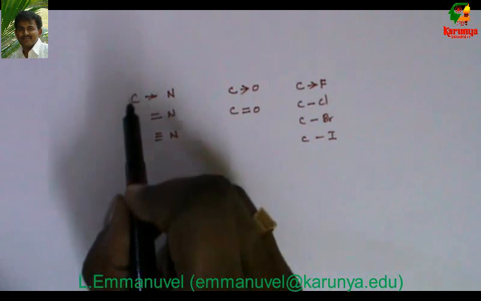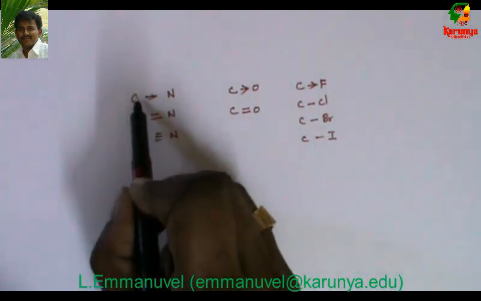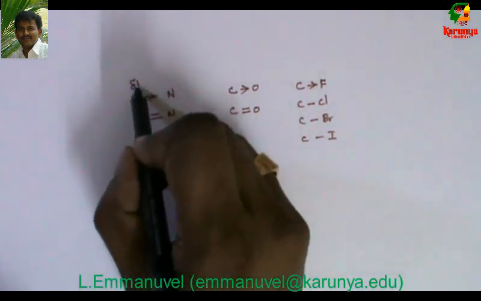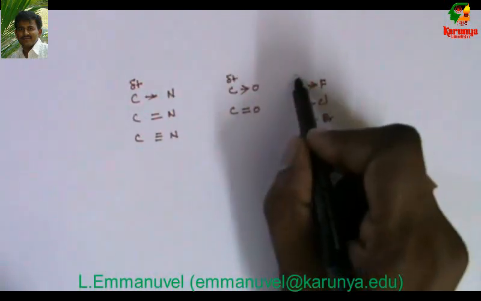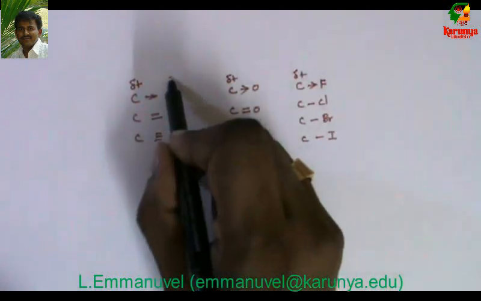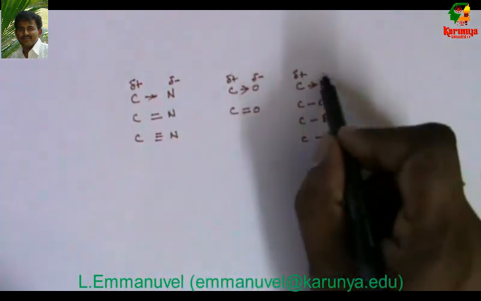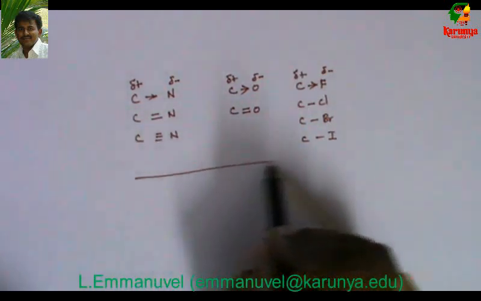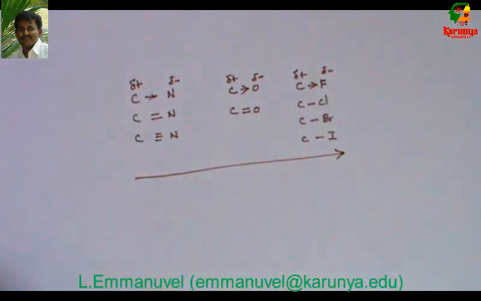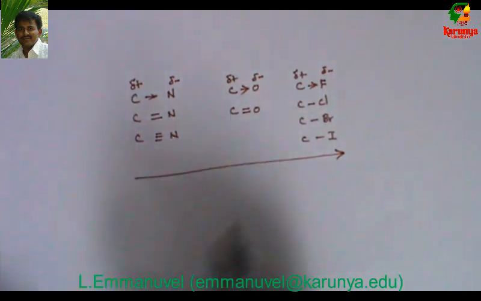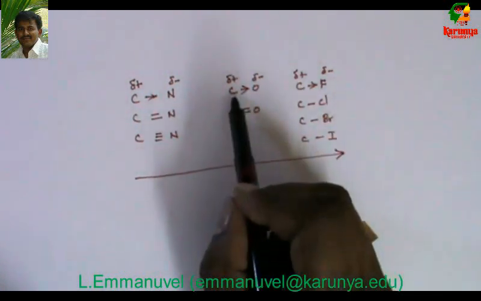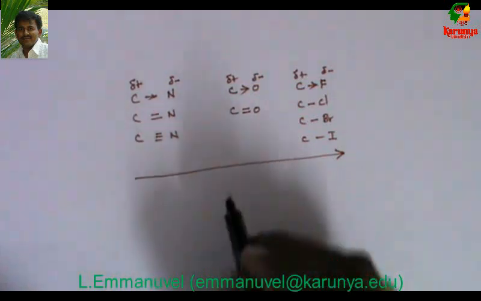Because of that, there is some decrease in the electron density of this carbon. That leads to del plus on carbon and del minus on nitrogen or oxygen or halogens. Since the electronegativity increases in this order, the del plus on this carbon will be higher than the del plus here, which will be higher than this. So this is the increasing order.